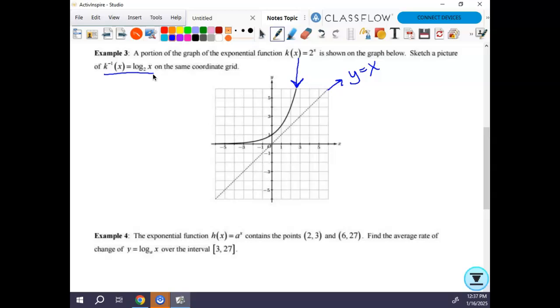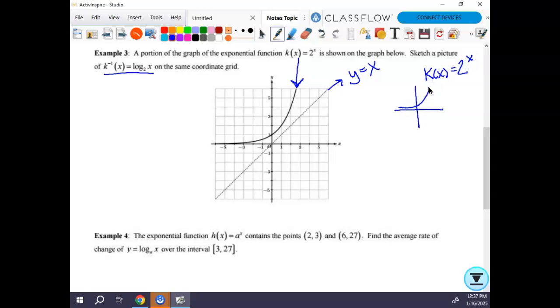Now, we don't do a whole lot of actually plotting points and graphing this stuff because where the actual points are sometimes don't matter to us. But it is very important that you have a visual in your mind of what an exponential looks like. So if you know you have k of x equals 2 to the x, then you should know that basically it's going to look like that.